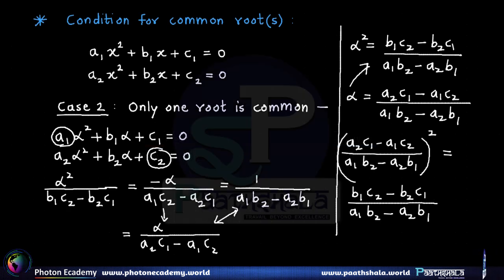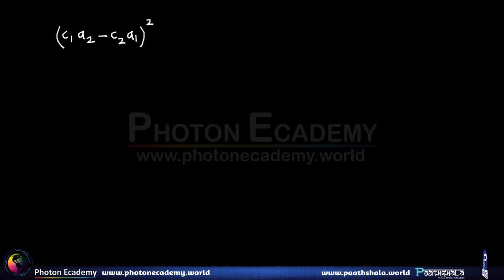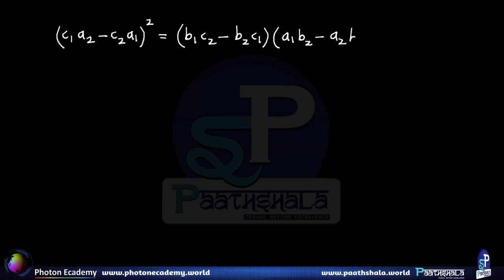On simplifying further, we will get a particular result, that is nothing but c1 a2 minus c2 a1 the whole square is equal to b1 c2 minus b2 c1 in the first bracket, and in the other bracket it is a1 b2 minus a2 b1.